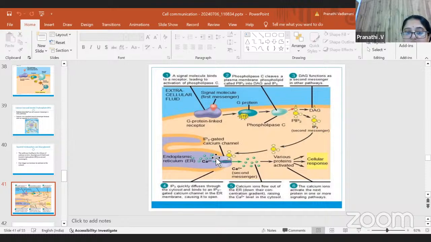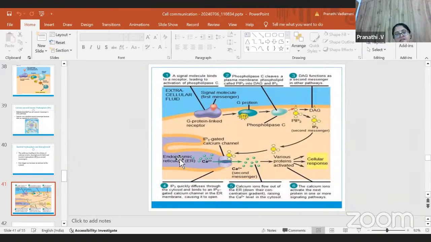Whenever IP3 comes, it acts on a calcium gated channel, because of which, when there is extra calcium in the endoplasmic reticulum of the same cell, it releases the calcium from the endoplasmic reticulum into the cell again.